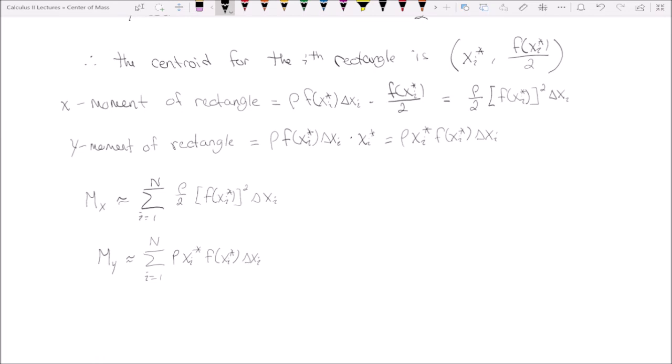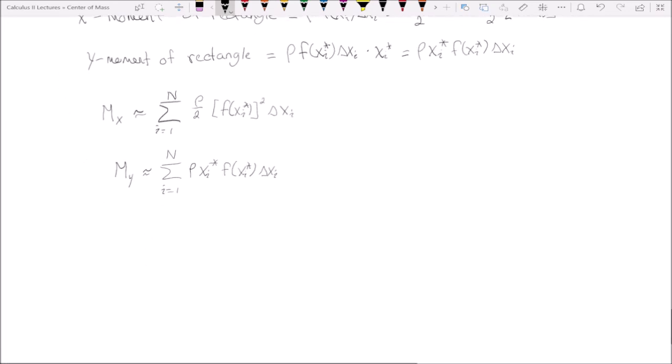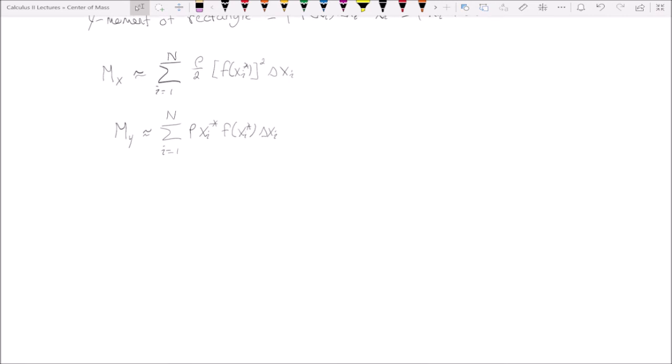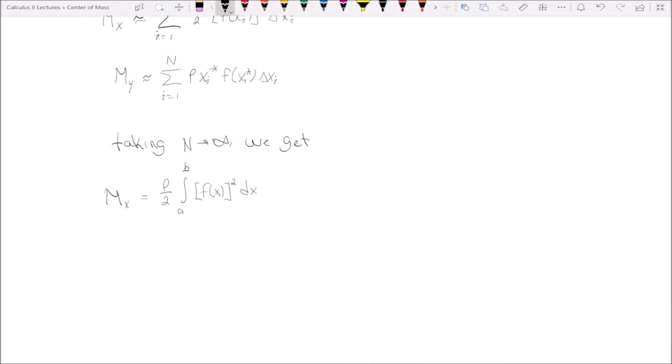Taking n to infinity, we get that the x moment for the lamina is rho over 2 times the integral from a to b of f of x squared dx, and M sub y, the y moment, is rho times the integral from a to b of x times f of x.